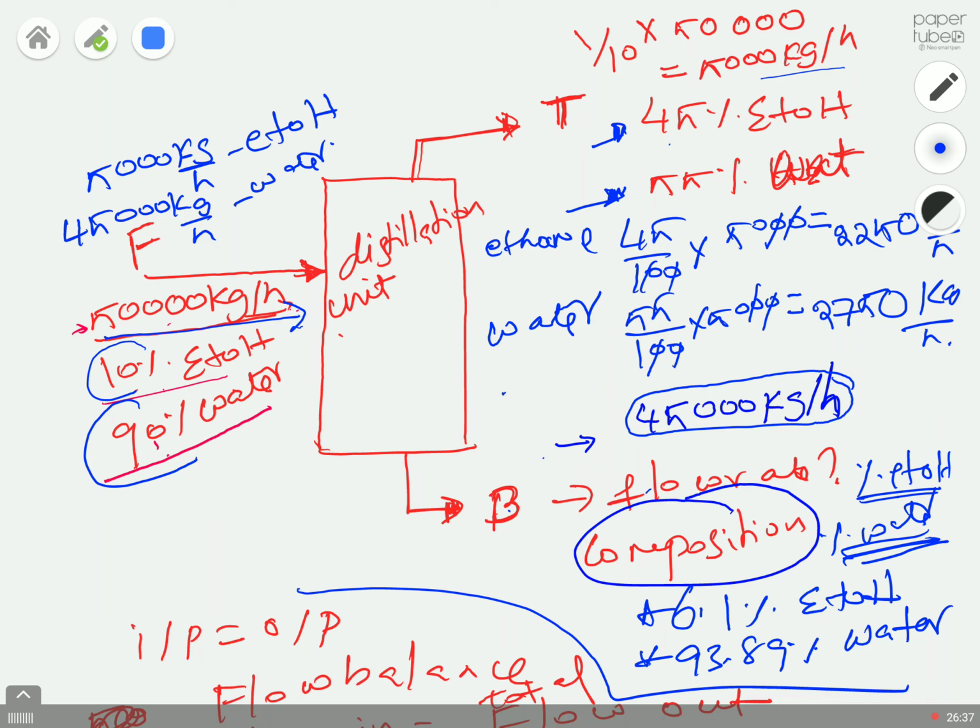Whenever you see a mass balance problem, your mind should immediately think how many input streams go in and how many components are involved in the whole system. In this case, you have one input stream, two output streams, and two components, ethanol and water.